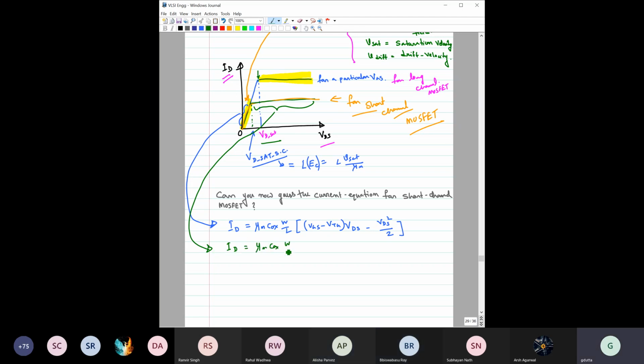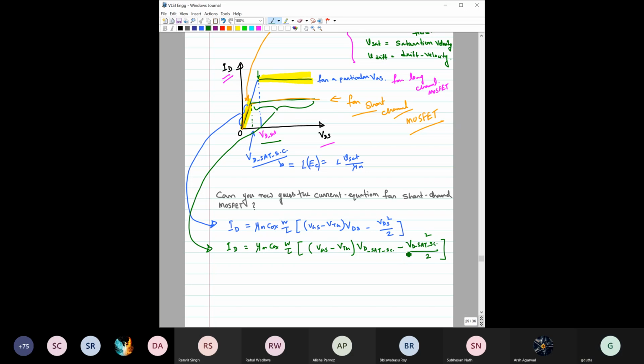Very good. Just replace this VDS with VD sat for the short channel. This symbol I am using is pretty big, so VD sat for the short channel is denoted with SC. So the equation will become something like this, right?